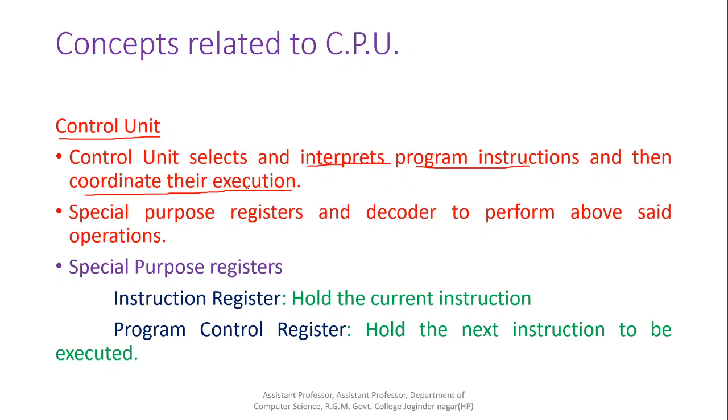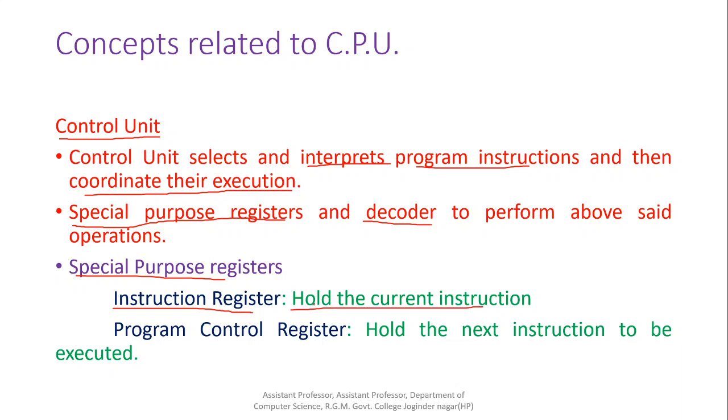To perform these operations, there are two things: one is special purpose registers and the other is decoders. In special purpose registers we have firstly the instruction register. Instruction registers hold the current instruction that needs to be executed.